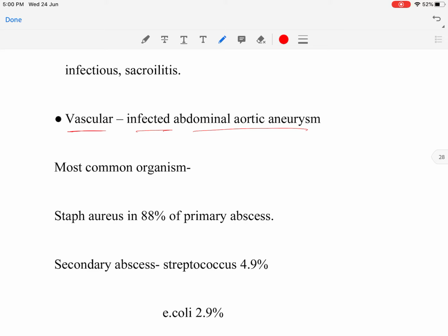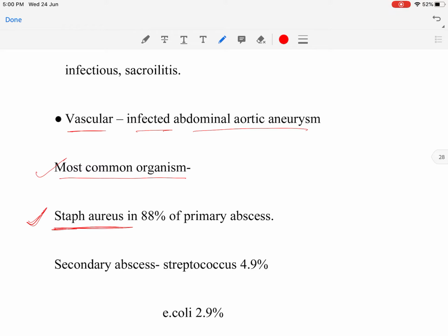Now again, important here is that the most common organism leading to the psoas abscess is Staph aureus. So for a patient presenting to us with psoas abscess, we should not directly start ATT, but we should determine the causative agent.